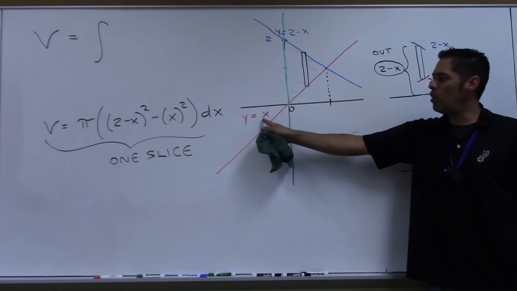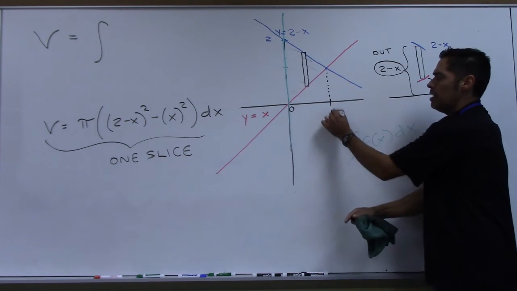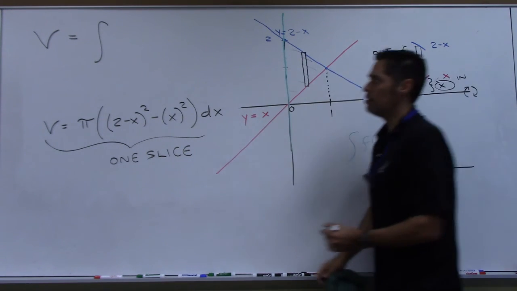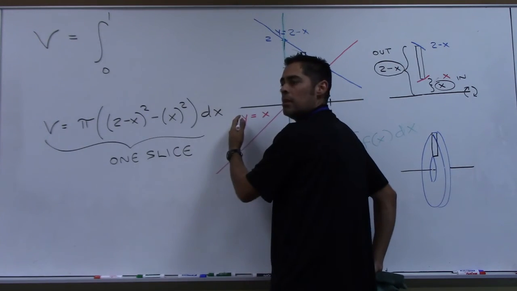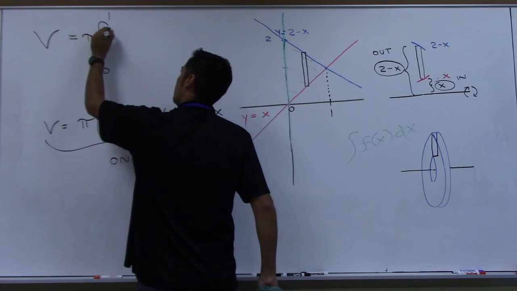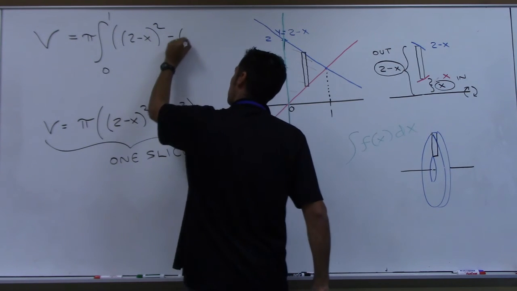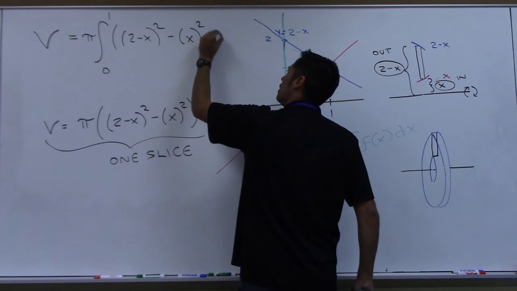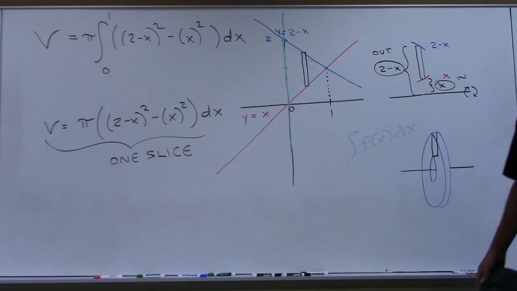If I plug 1 in here, I get 1. If I plug 1 in here, I get 1. So they do hit each other at 1. So 0 to 1. Pi can come out of the integral, can it? Then it's the 2 minus x squared minus the x squared dx. There we go.